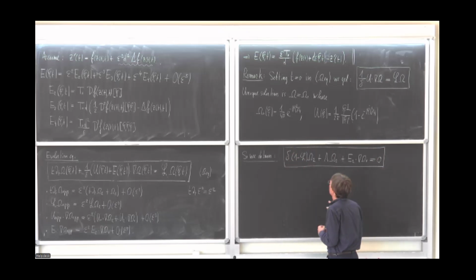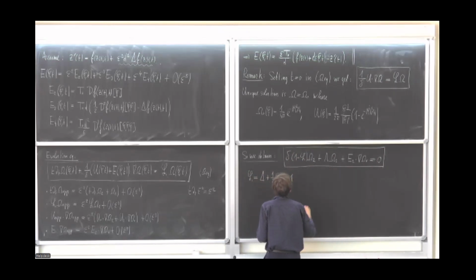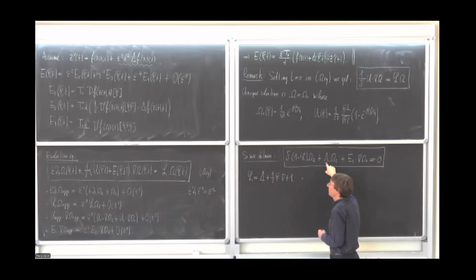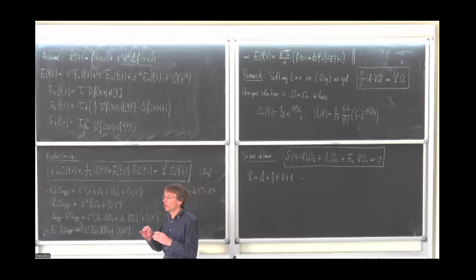Let me explain, there is something to explain. So this equation involves two differential operators. The first one is L, which I recall is the Laplacian plus 1/2 xi dot grad plus 1. And the other operator is this capital lambda. Lambda is a non-local operator, which is what you obtain by linearizing the Euler equation at the Gaussian vortex.